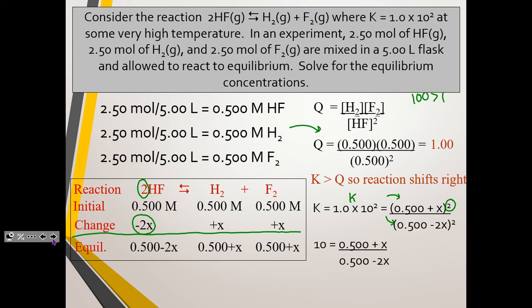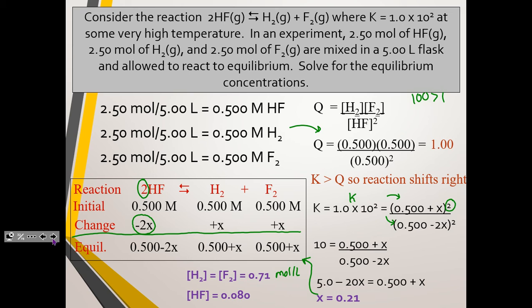I cross multiply, distribute, combine like terms, and solve for x. x is 0.21. When I plug this value into my equilibrium positions, the concentrations of H2 and F2 are equivalent at 0.71 moles per liter. And HF is 0.080, again, moles per liter.